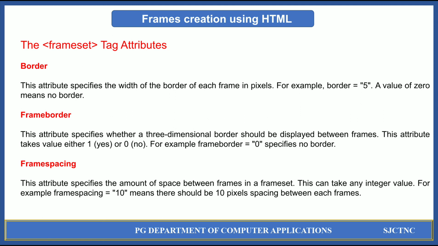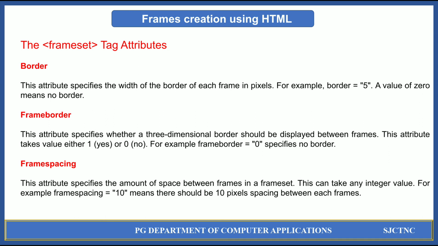Then frame spacing. This attribute specifies the amount of space between frames in a frame set. This can take any integer value. For example, frame spacing equal to 10. It means there should be 10 pixel spacing between each frame.